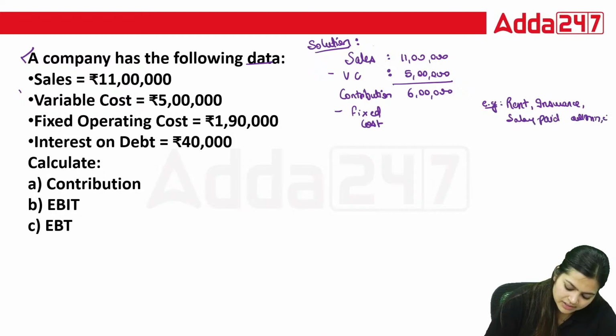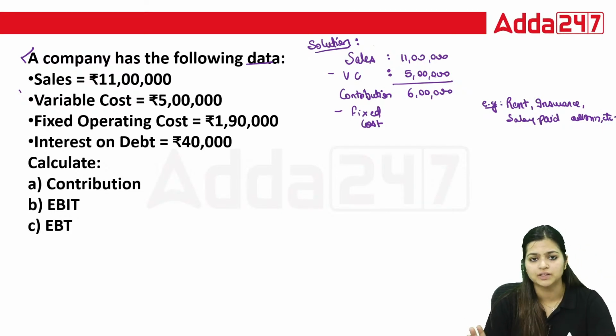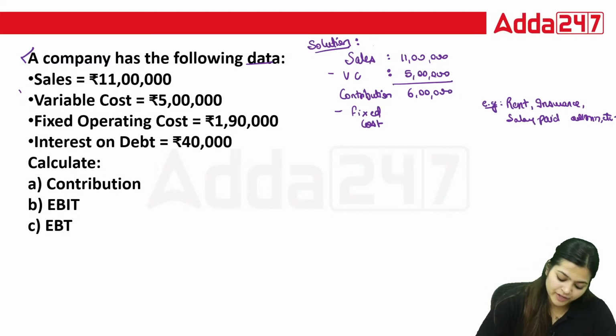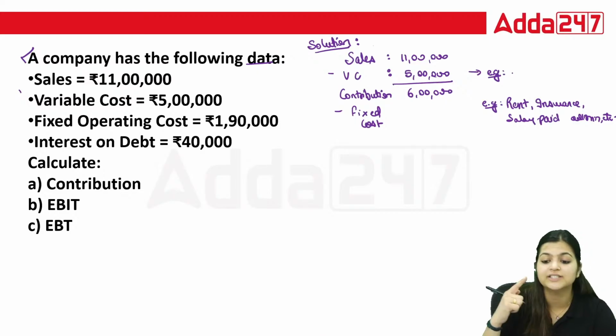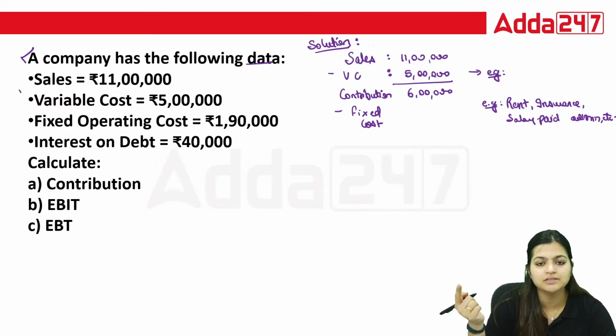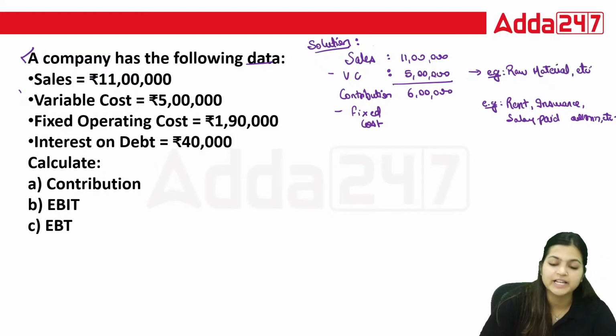All these are examples of your fixed cost, whether you do the production or not, this cost will be incurred. Whereas variable costs are the costs which will fluctuate as you produce, directly you can say raw material. Raw materials are directly linked with your variable cost.